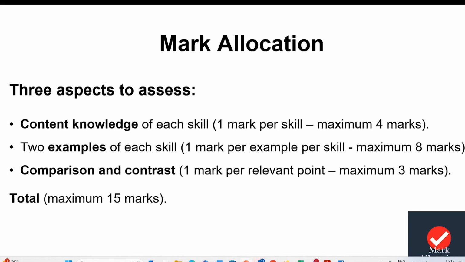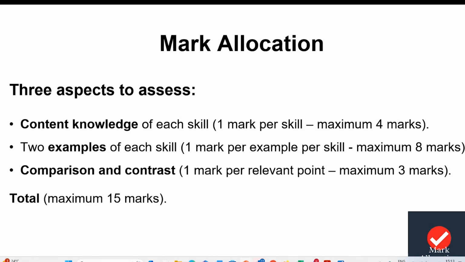For our mark allocation, please take note to compare the content knowledge of each skill. You will get 1 mark per skill, maximum 4 marks. 2 examples of each skill, 1 mark per example per skill.